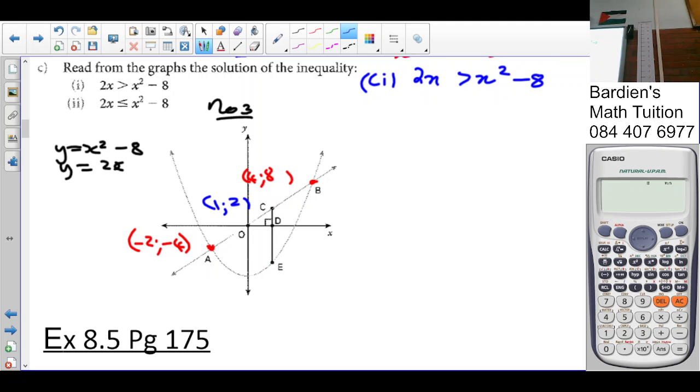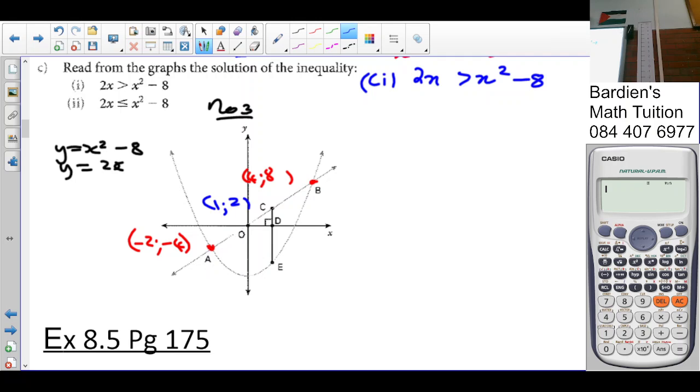Where do you see 2x and where do you see x squared minus 8? 2x is the equation of the straight line, and x squared minus 8 is the parabola.